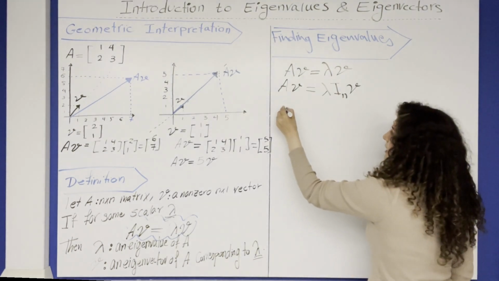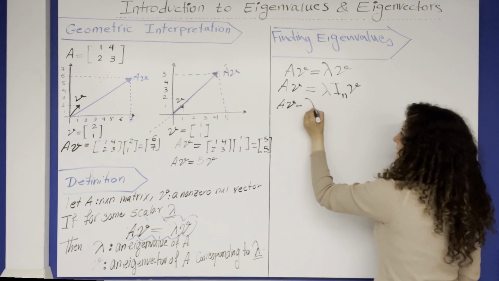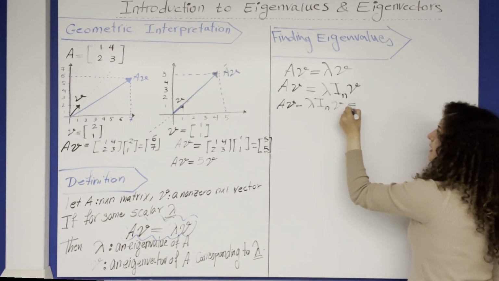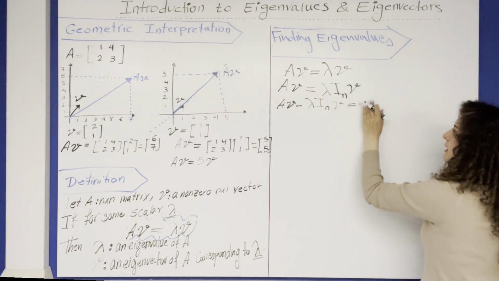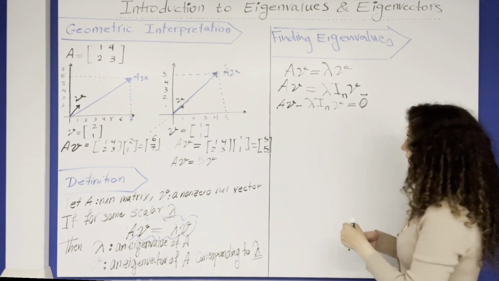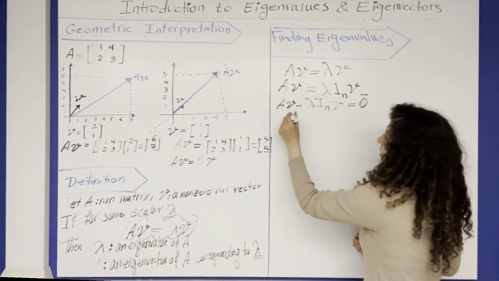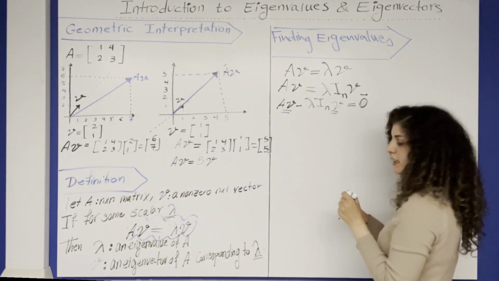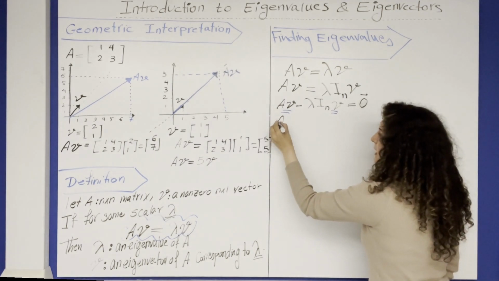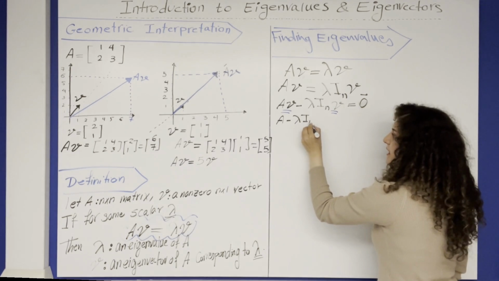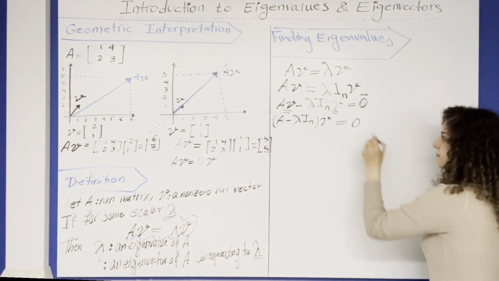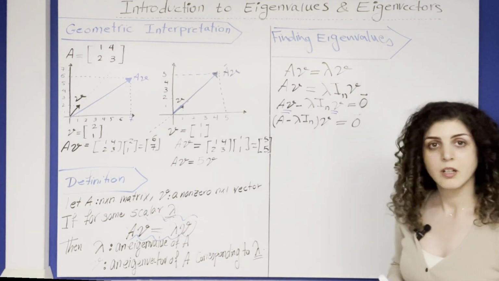So AV minus lambda identity times V gives me the zero vector of size n. All right, now here in these two terms, I can factor out V, right? So I can rewrite the left-hand side as A minus lambda times identity times vector V is equal to vector 0.